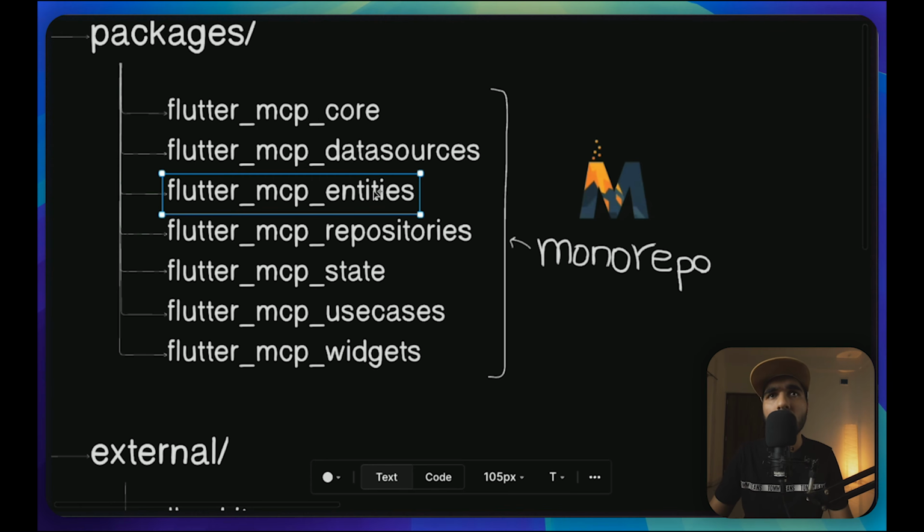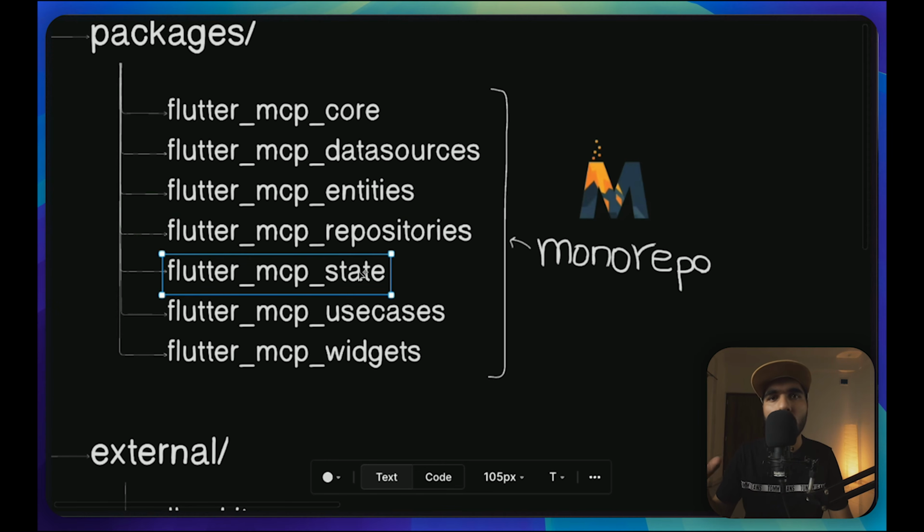Next we have the repositories, where the connection between our data sources and our use cases, as well as the serialization and deserialization, happens. Plus the LLM kit logic is also written in repositories itself.